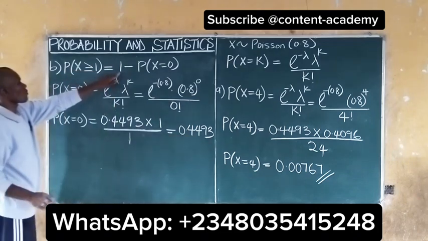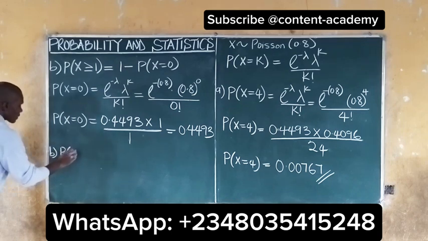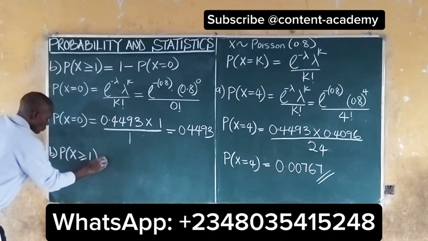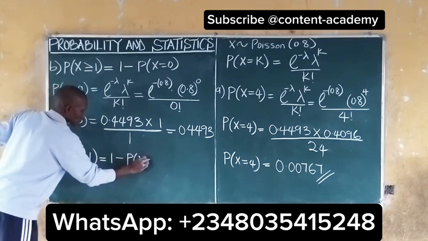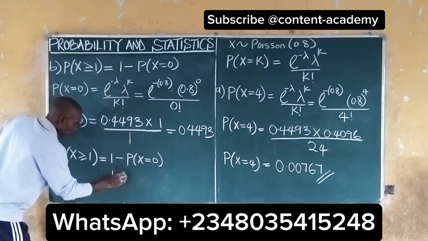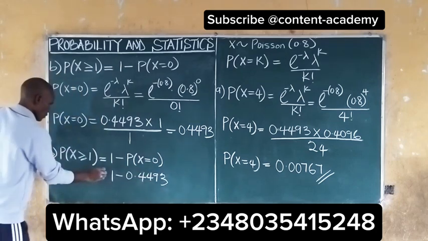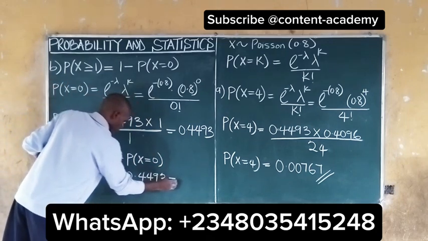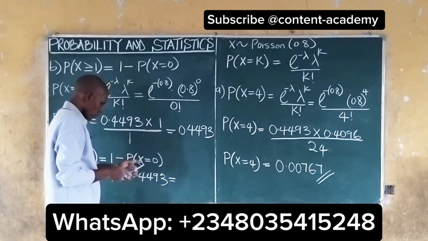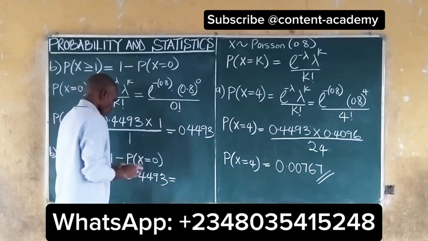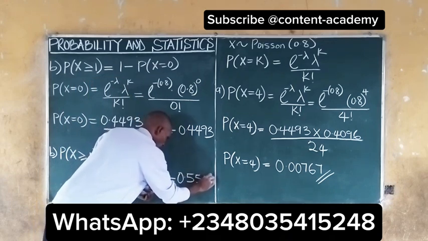And now we say 1 minus. Our B says the probability that X is greater than or equal to 1 is equal to 1 minus the probability that X is equal to 0, which is 1 minus 0.4493, which is equal to 0.5507.